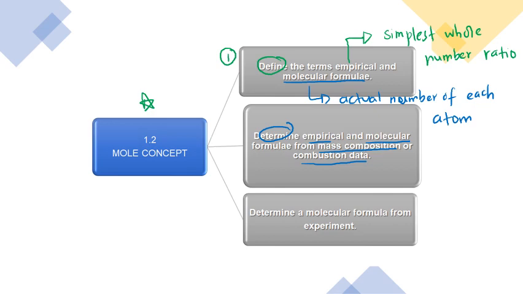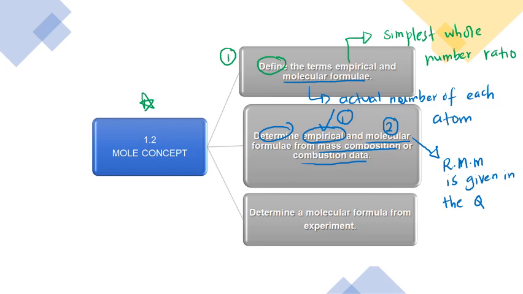We will focus more on the empirical formula. We first identify the empirical formula, and only then are we able to determine the molecular formula, if the relative molecular mass is given in the question.